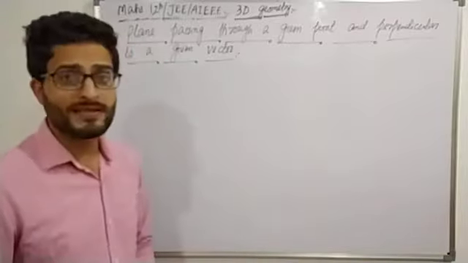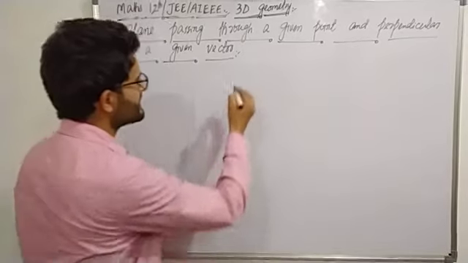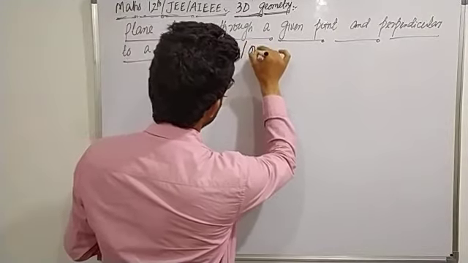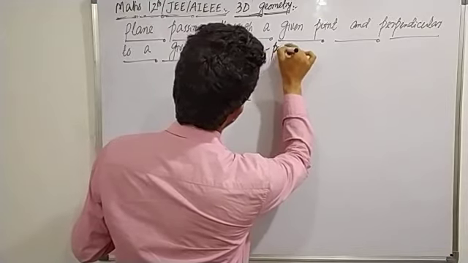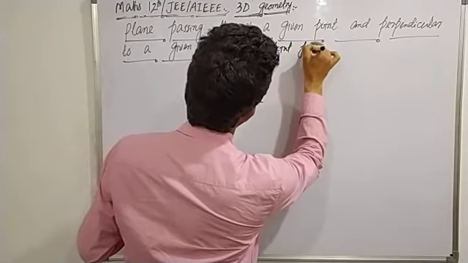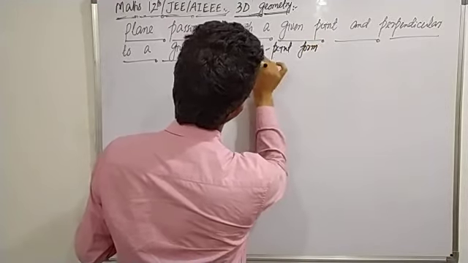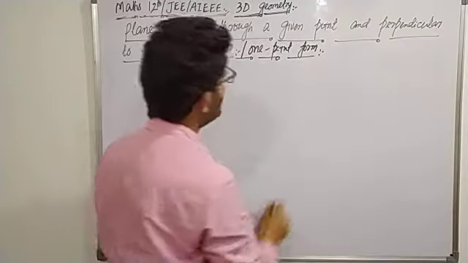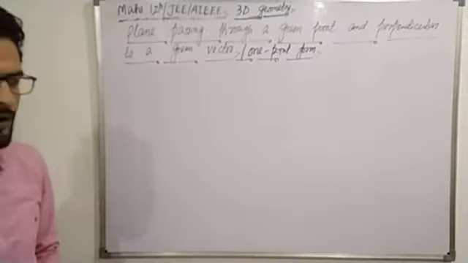Since that plane is passing through a point, this is also known as the one point form of equation of a plane.